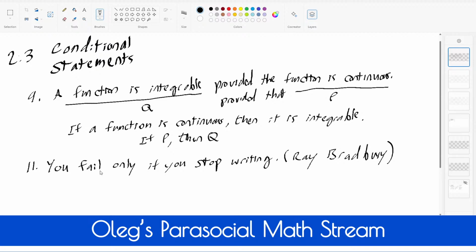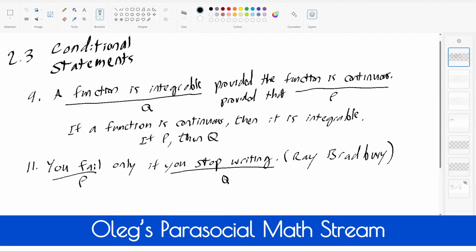If you look at it, you could say P only if Q, and let's say P implies Q, so then we're going to say, if you fail, then you stop writing.